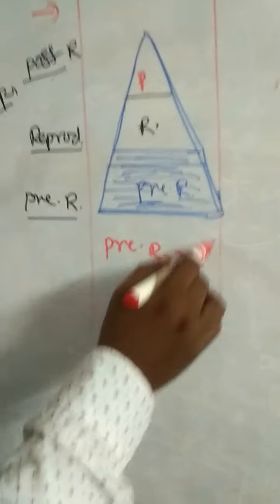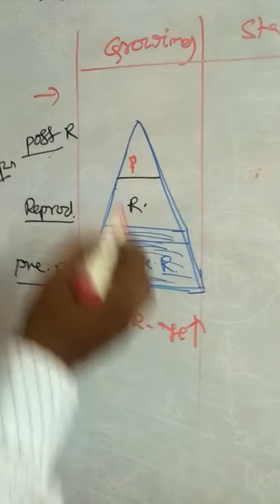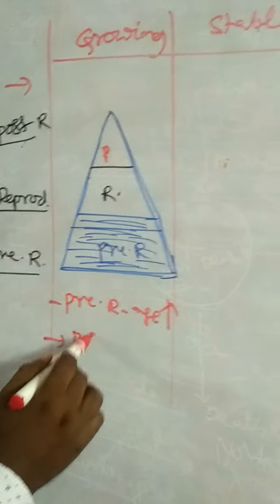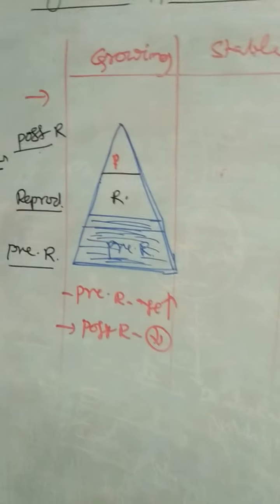This is post-reproductive. In a growing population, which ones are dominant? Pre-reproductive age groups are dominant, or more in number. Post-reproductive age groups are less in number. Why?